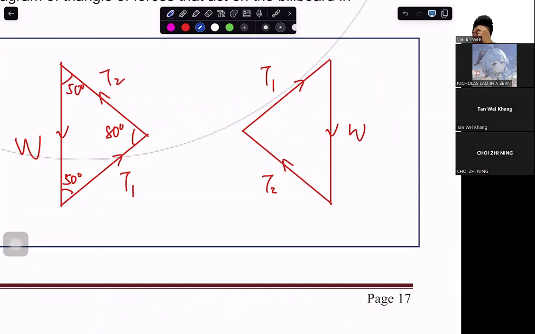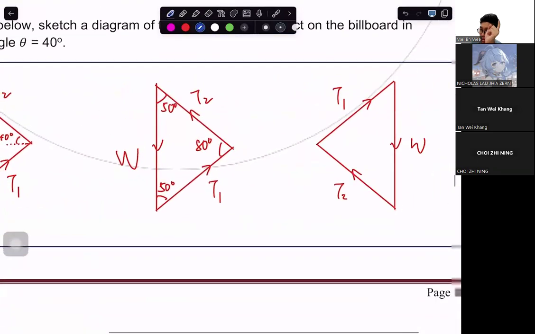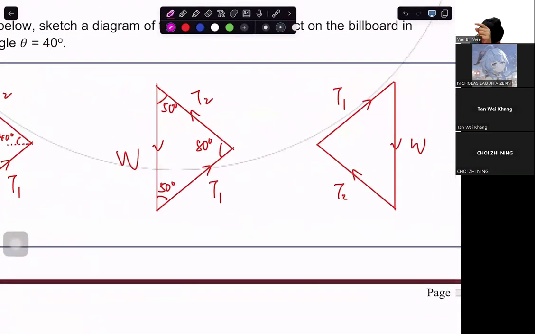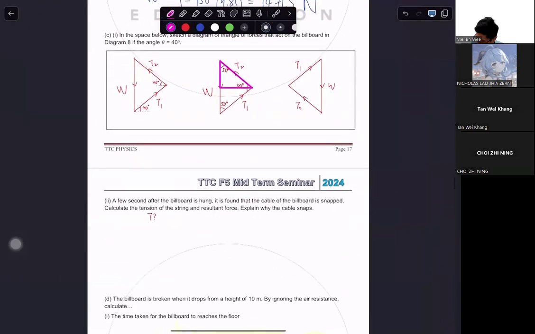So might as well I just look at one only. Okay? So if I just look at one of the T, just choose any one of the T. So I'm going to look at this triangle, let's say. Both T's are going to be the same, so you don't have to look at both, okay? I'm just going to look at this triangle here.